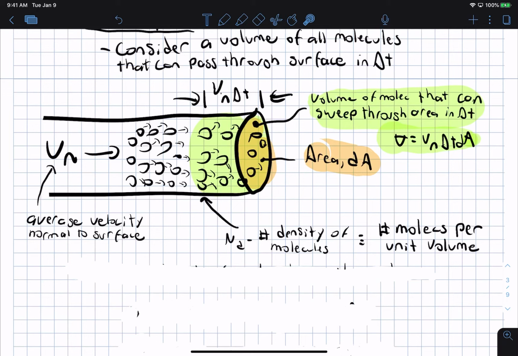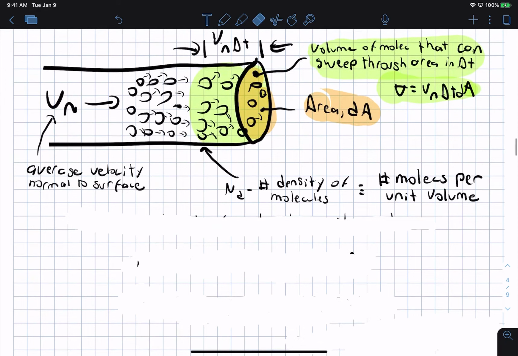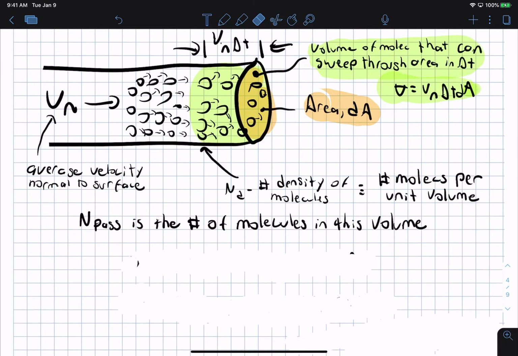Okay, so the number of molecules in this volume is just the number density times the volume. And since the green volume is basically representative of all the molecules that can pass through the surface, the number of molecules that have passed through the surface in time delta t is just given by the number of molecules that are in this volume.